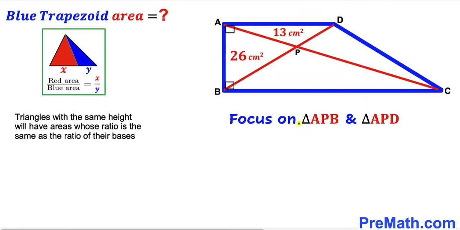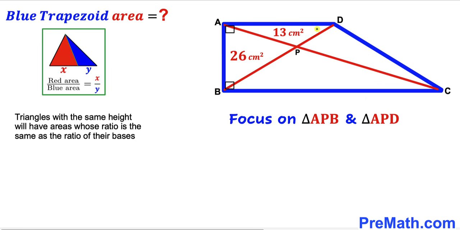So we are going to focus on these two triangles, this triangle APB and the other triangle APD. And we can see their area ratio. If this is 13, then this is twice that much.